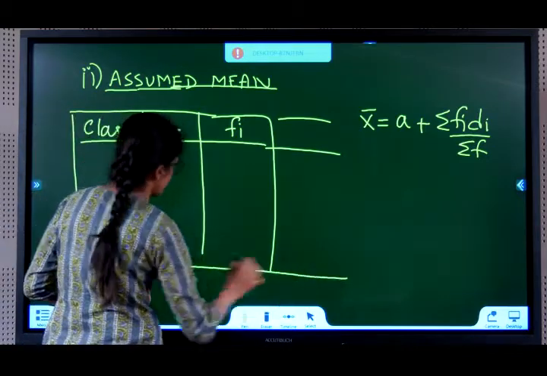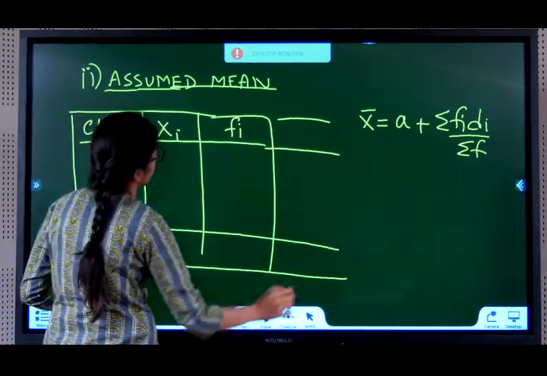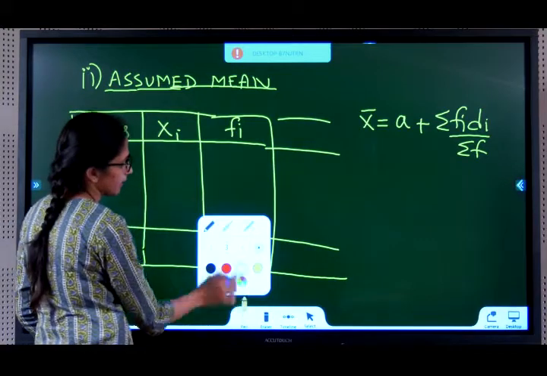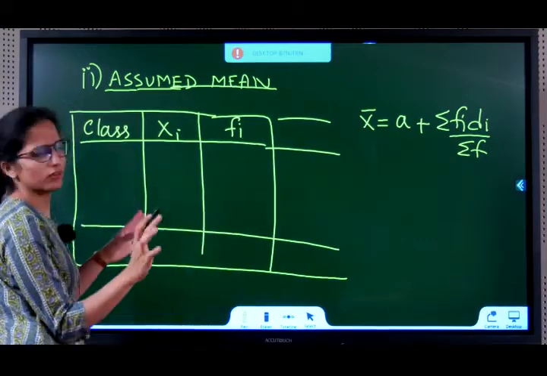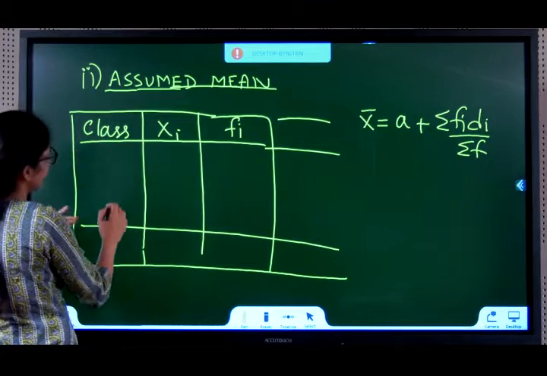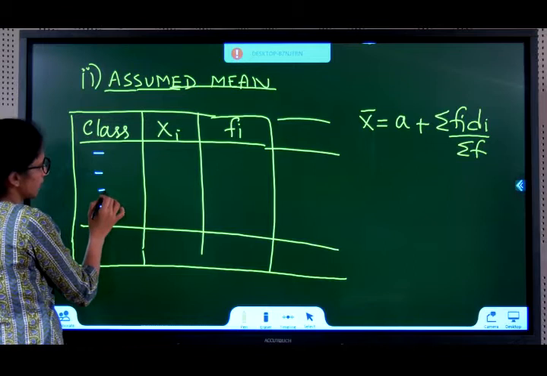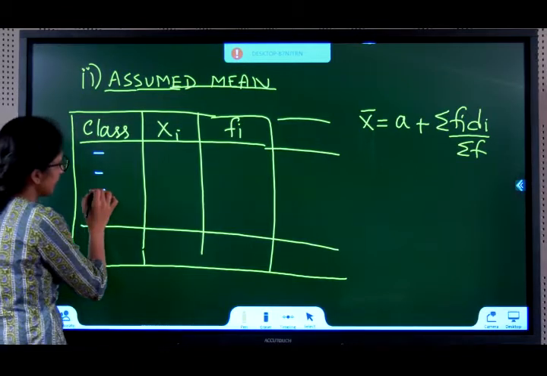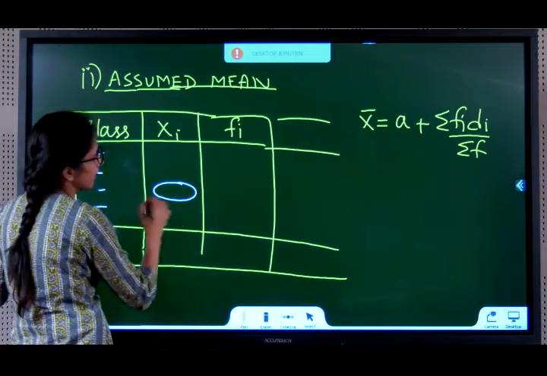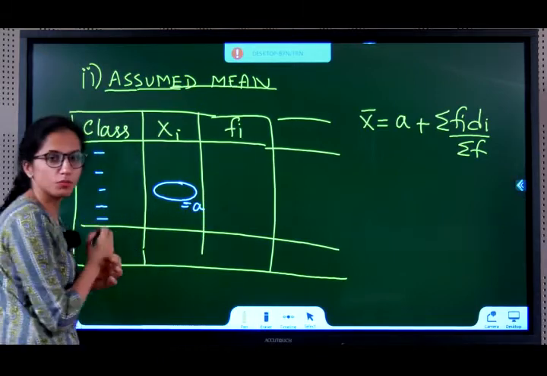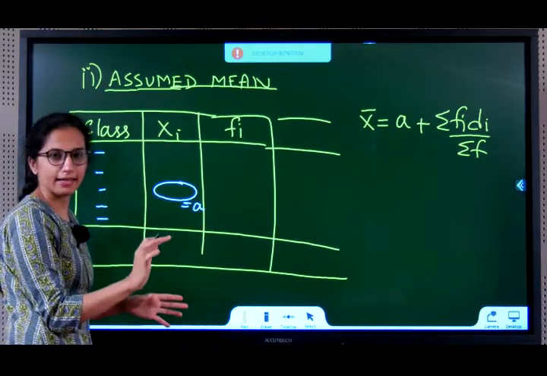So in this assumed mean technique, we assume the mean as any of the central values. Count: if there are 5 classes, 1, 2, 3, 4, 5, go to the third class, the center class, and select the mean. That will be your assumed mean, the middlemost xi.